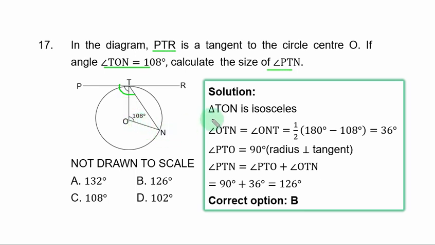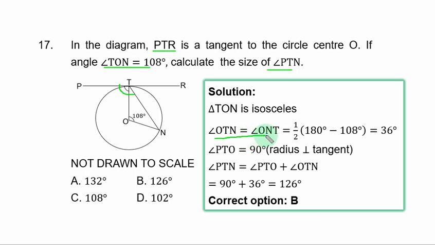For that reason, triangle TON is an isosceles triangle, and for that the base angles are equal. Now if you add the three angles in the triangle, the sum is 180 degrees. Two of the angles are equal, that is ONT equal to OTN.